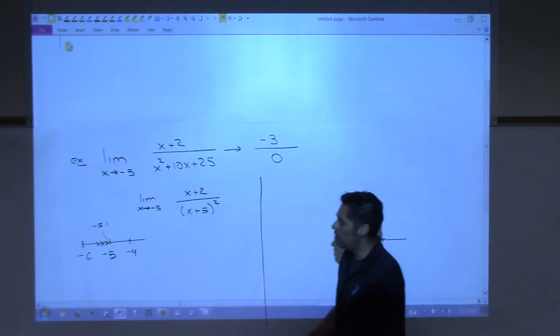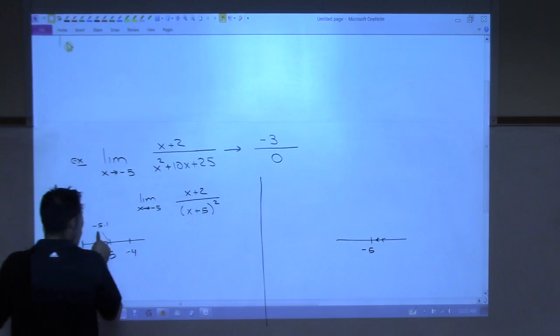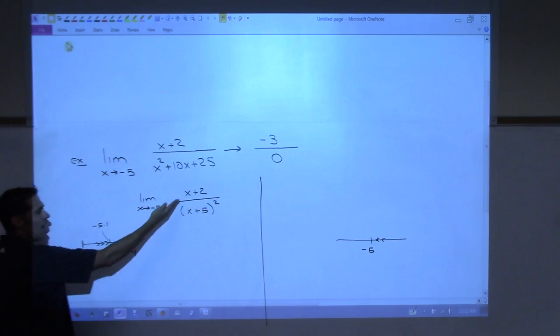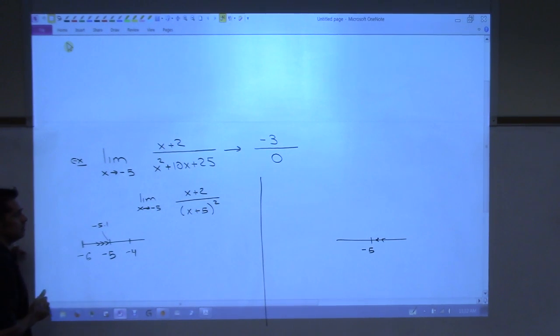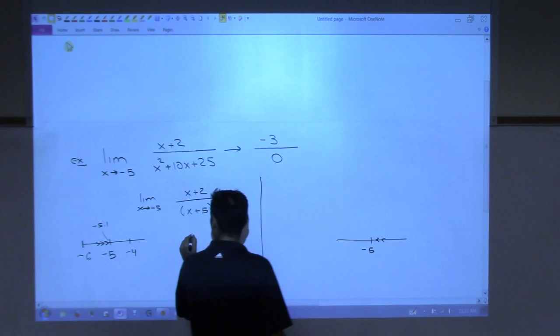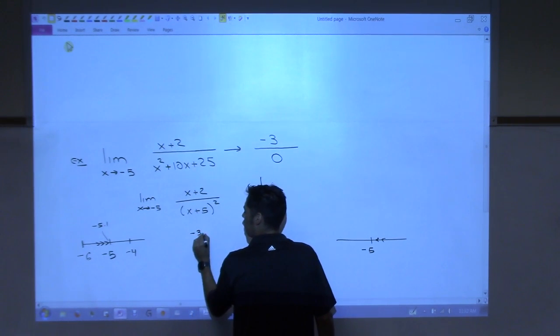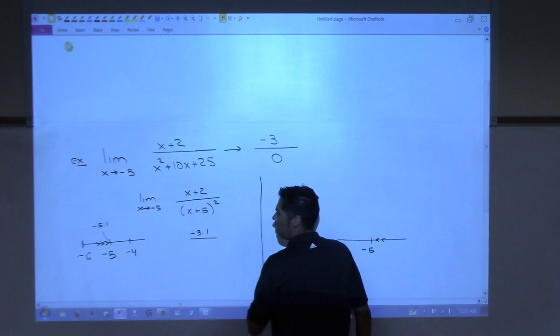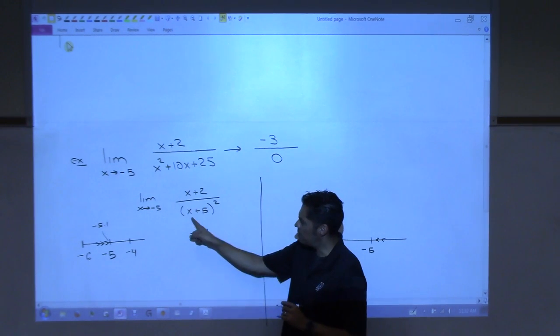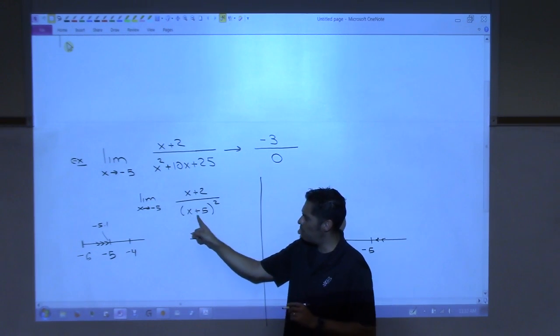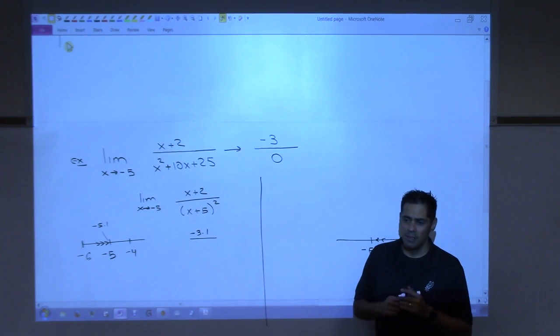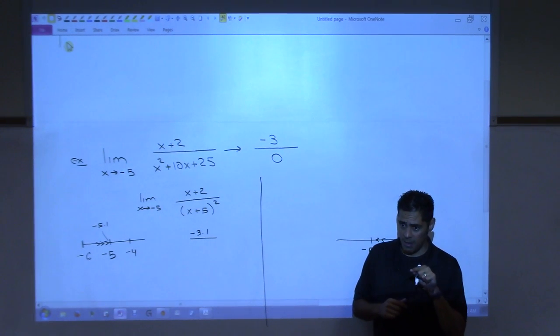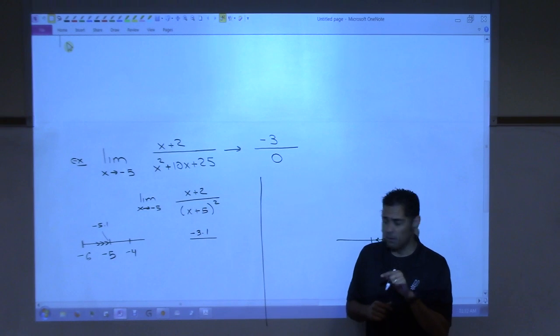So if I plug in a number like negative 5.1, what is the top getting really close to? Negative 3.1, something like that on top. Over, the bottom is headed towards, let's see, this is negative 5.1 plus 5, which is negative 0.1.